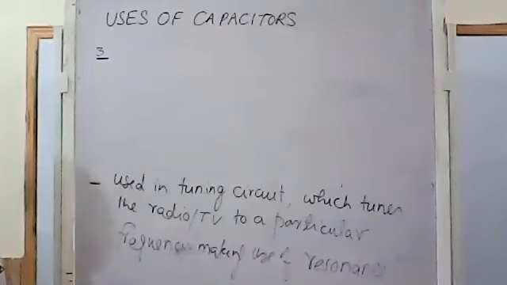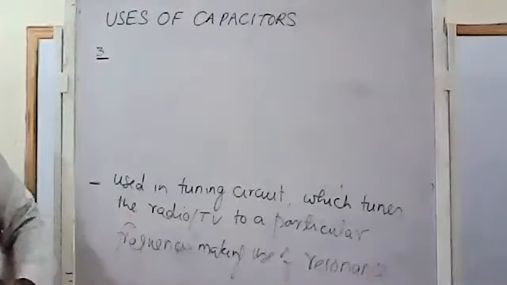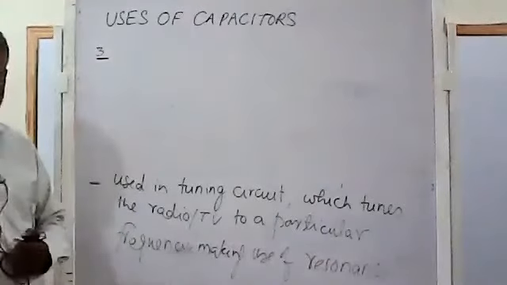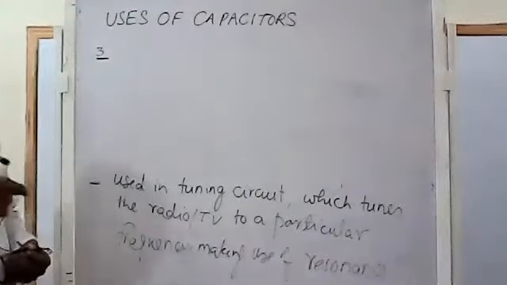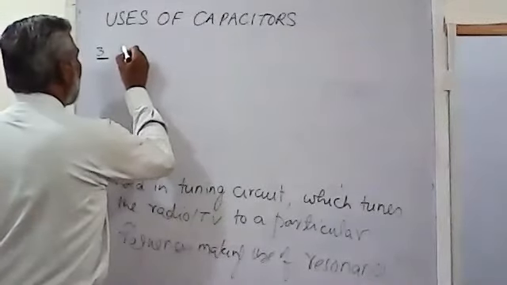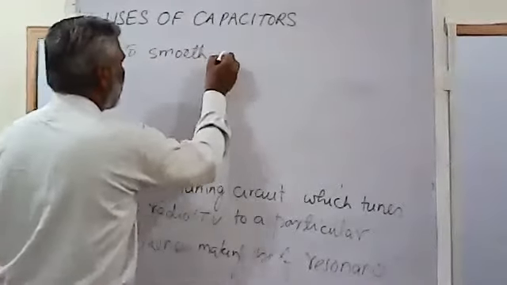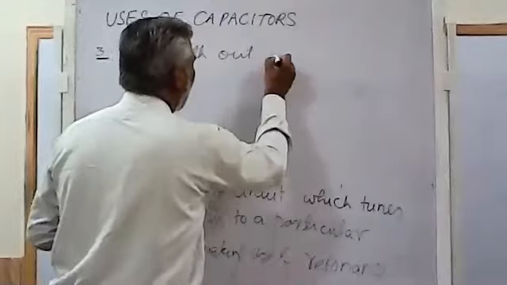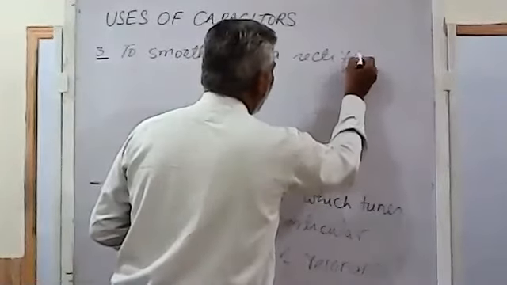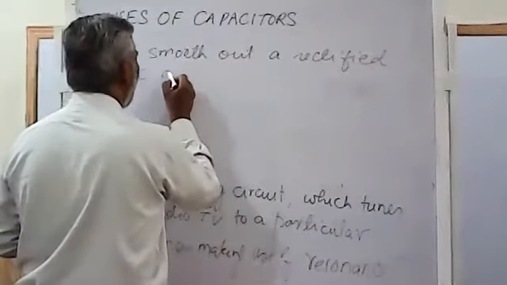Rectification is the process of converting AC to DC. After the signal has been rectified to DC, there will still be a variation in it. Capacitors are used to smooth out a rectified DC signal.